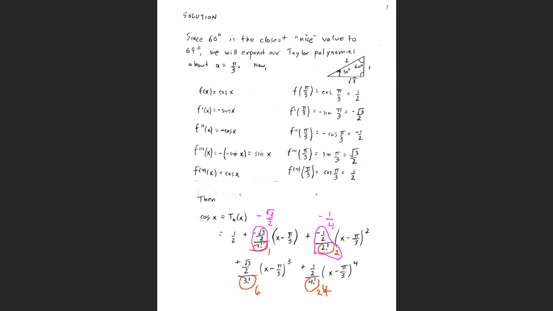Root 3 over 2 divided by 6 would be root 3 over 12. And then 1/2 divided by 24 would equal 1 over 48.